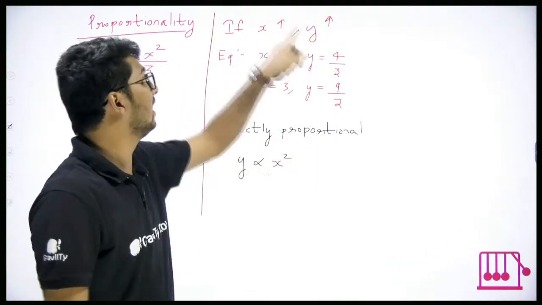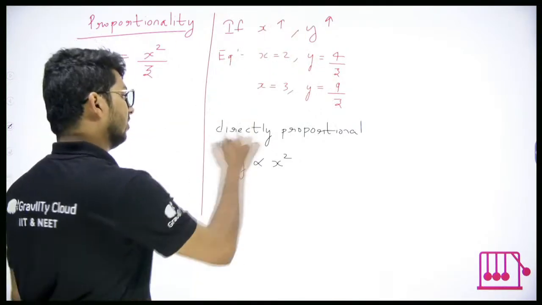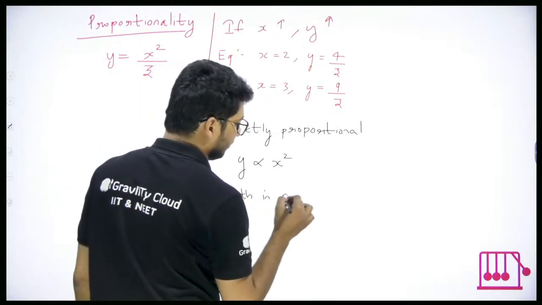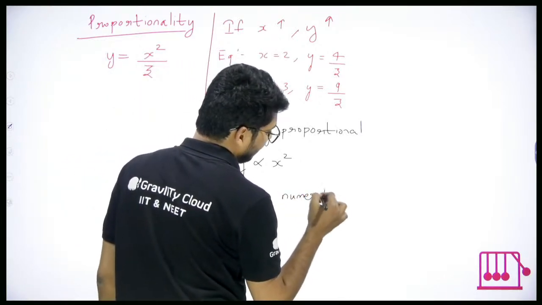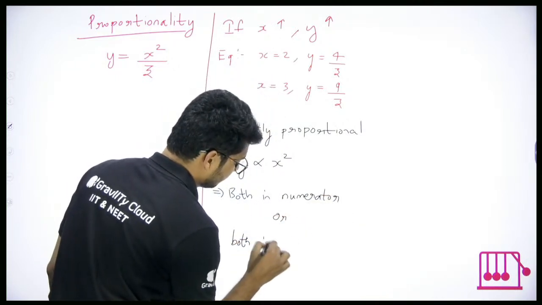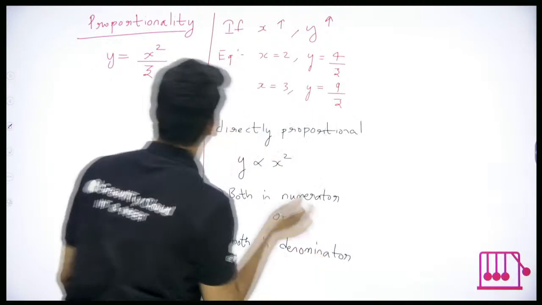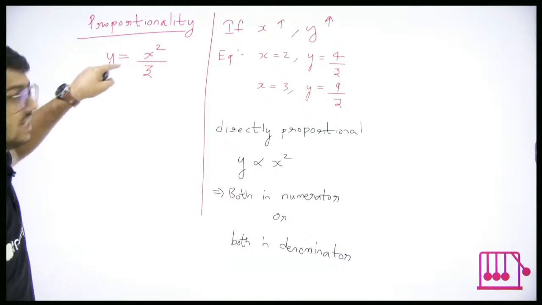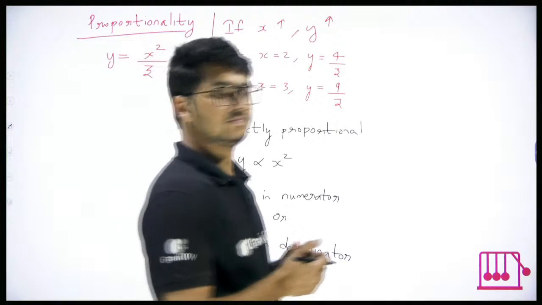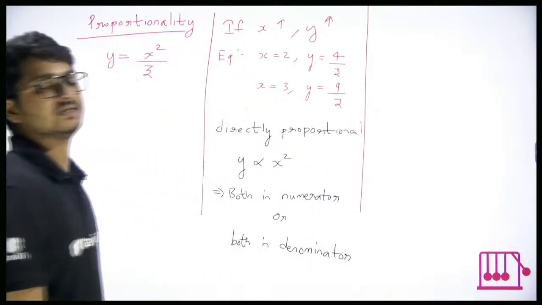Directly proportional means if one quantity increases, the other quantity increases. And for directly proportional, both are in the numerator, or you can say both in the denominator. For example, y is in the numerator, x is also in the numerator. That's what I'm talking about. Okay, that is one type of relation, one type of dependency.